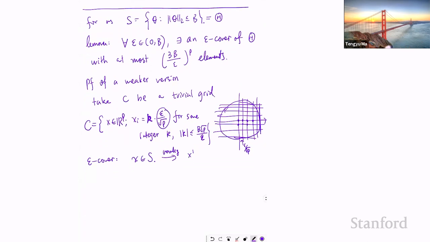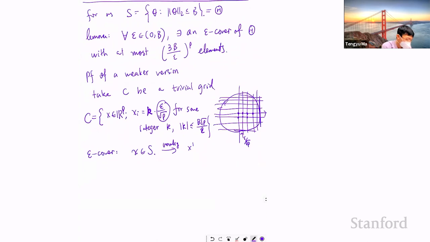Rounding really just means you take any vertex in this grid and round to it, any reasonable nearest one. Let's say you round to a smaller number. It doesn't really matter that much.